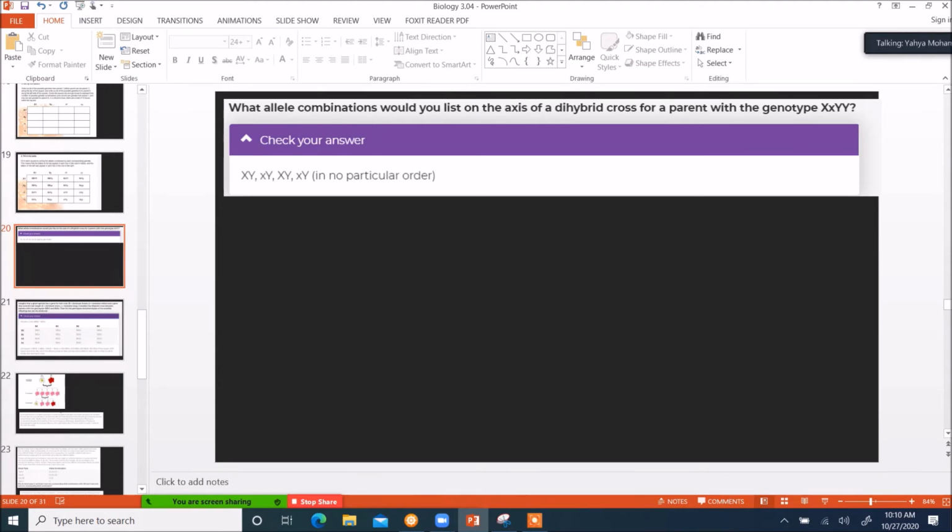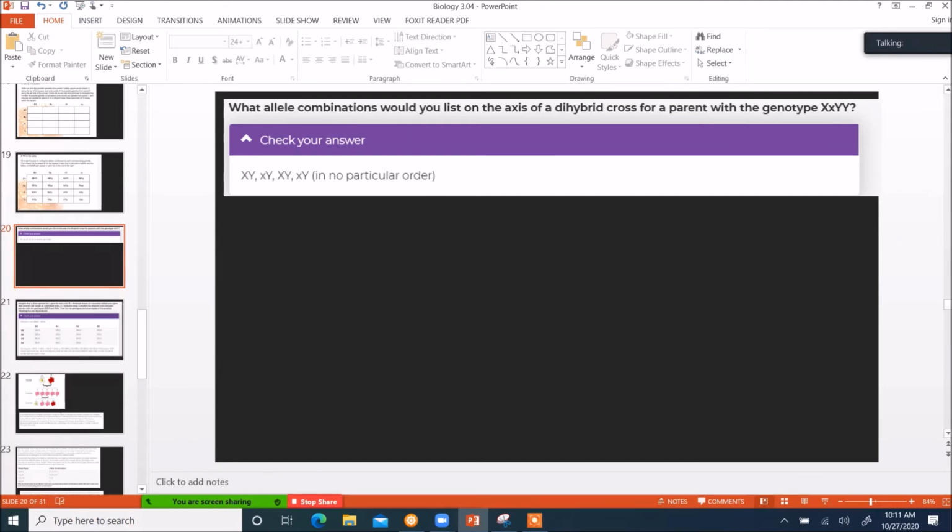Okay, so Freya, I want you to go back and watch the lecture on meiosis, because you have to understand this idea of the gamete. What are we doing? We're not just randomly picking letters. Why are we picking only one letter from this?